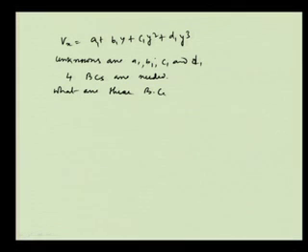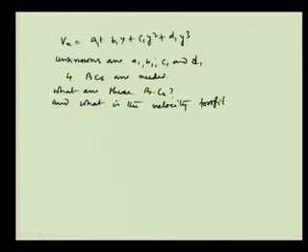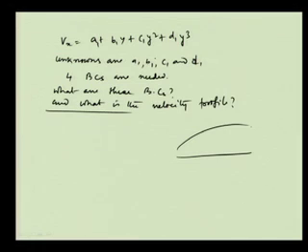What are these boundary conditions and what is the velocity profile? Say this is the hydrodynamic boundary layer, HBL. This is the wall, a flat plate, and flow is in this direction. This is V infinity, and this is Vx.